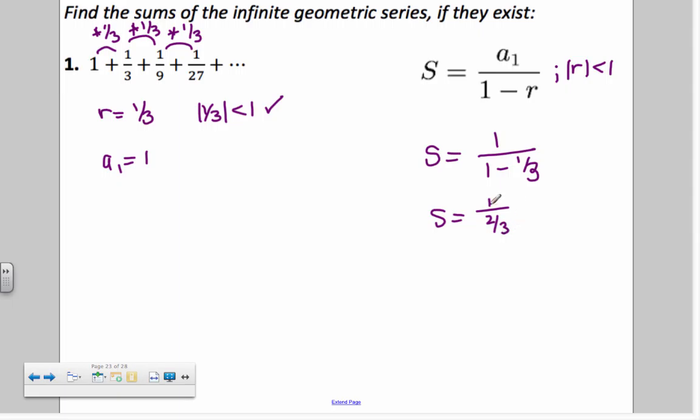Then I would multiply by the reciprocal. When I divide by 2/3, it's the same as multiplying by 3/2. And 1 times 3/2 is just 3/2, or you could write that as 1.5. So the sum, as you add all of these together, goes to 1.5.